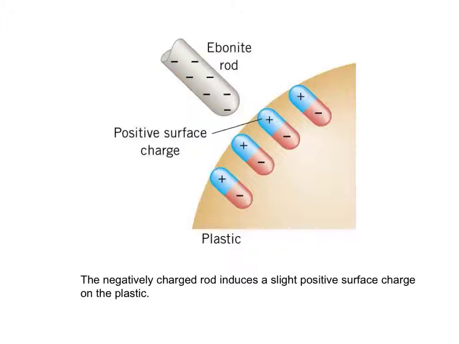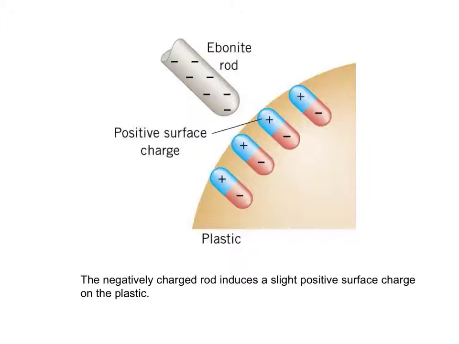The other thing that we discussed very quickly was the physical process of charging by contact or charging by conduction, where you actually move electrons from one device to a conductor. Then you have charging by induction, where we give a conductor a charge by bringing another charged object nearby, but not touching.